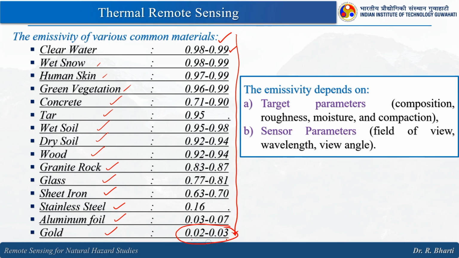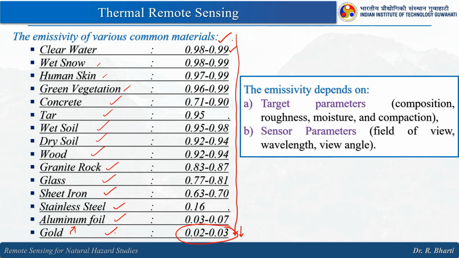So, here this is very low. Once we have the low emissivity, that means it is not absorbing the energy, it is reflecting more. So, that kind of information you can derive from even the emissivity value.